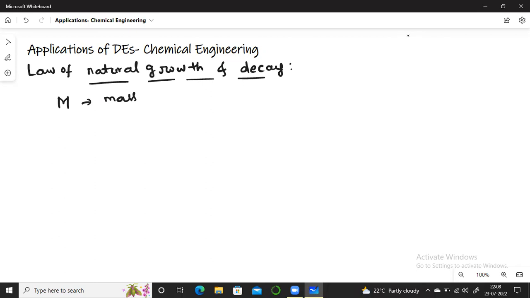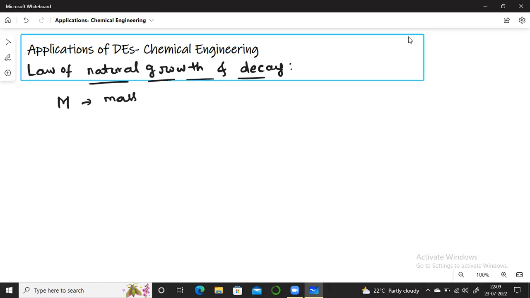I mean, disintegration will happen. It means it will decompose, its mass will come down with respect to time. That is what decaying is. Growth means sometimes any material accumulation may happen, and at that time the mass of that body will increase. So that is growth and decay.